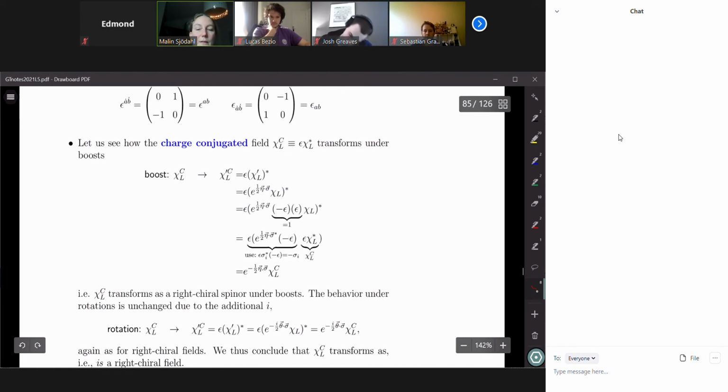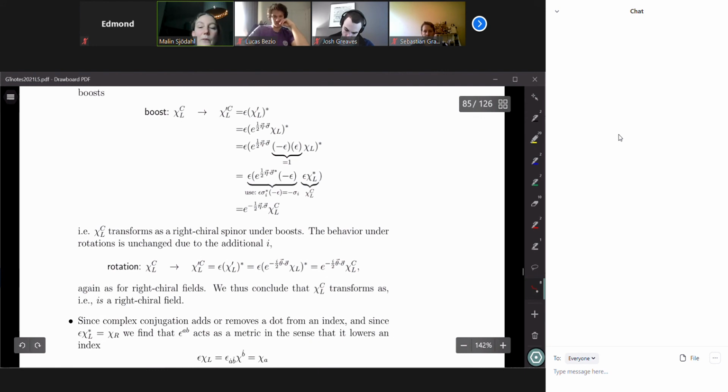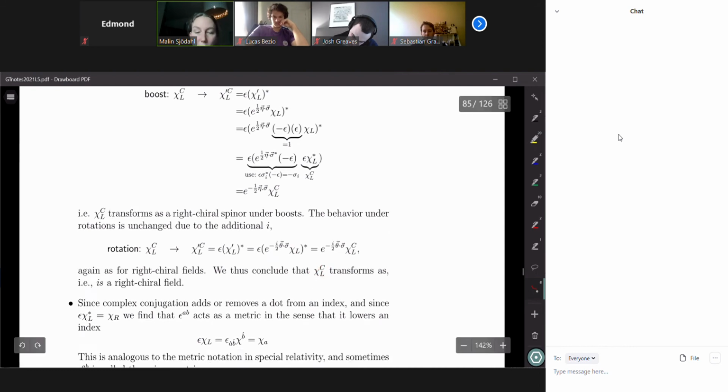So we have the same transformation as for the left field without conjugation, but again we have something that coincides with the transformation of the right chiral field. So we conclude that this transforms as a right chiral field, meaning that it is a right chiral field. So charge conjugating the left chiral spinor, I get a right chiral field.